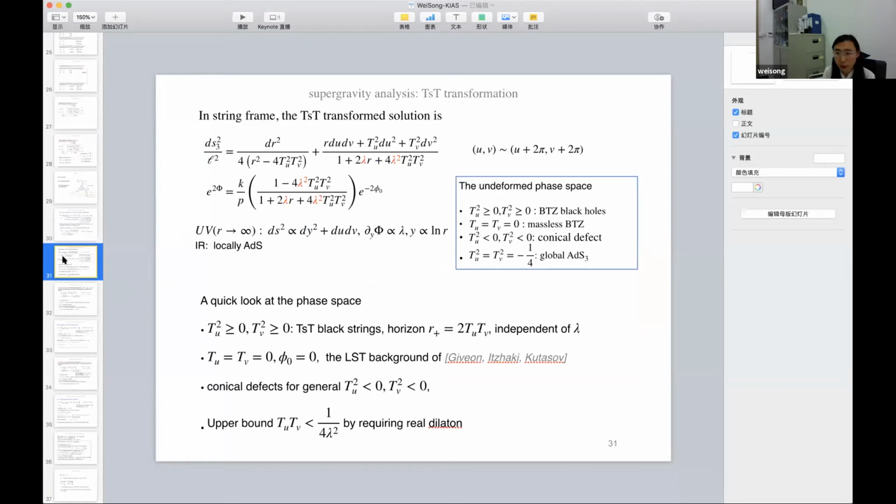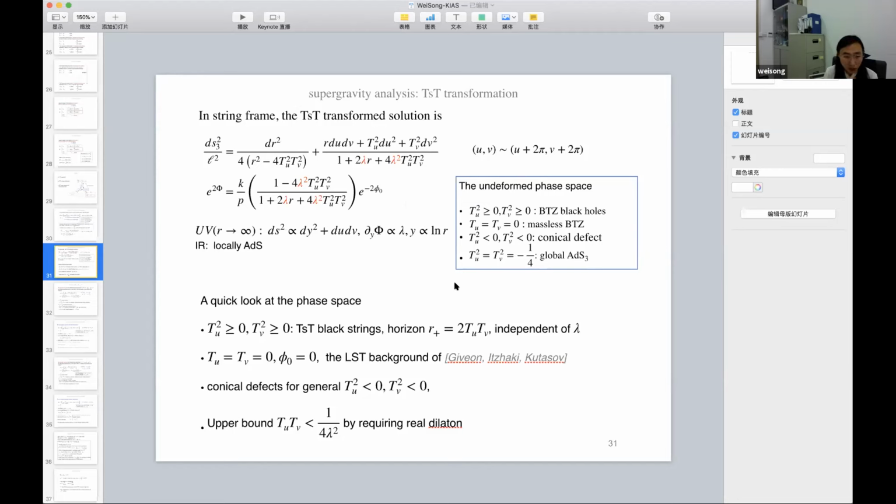Of course, it will be a solution to the supergravity equations of motion, because this solution is generated by the TST transformation, and TST is a useful solution generating technique in supergravity. So with this new solution, one can try to calculate all the thermodynamic quantities of this black string.